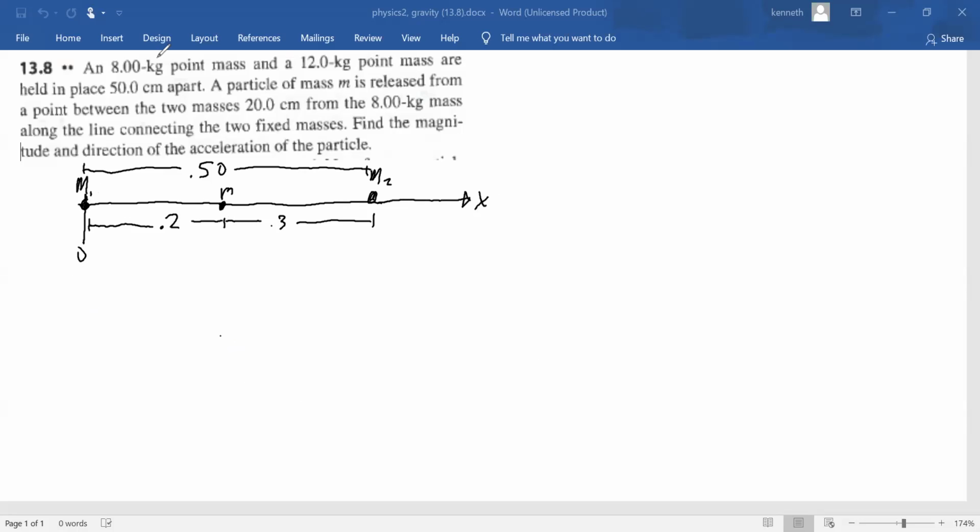Force in the x direction equals, gravitational force is always attractive.